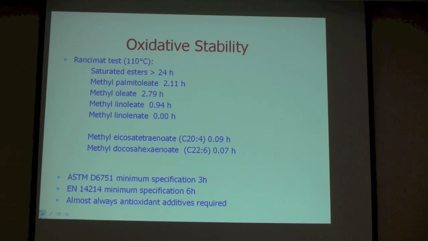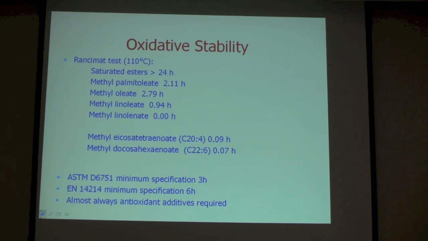And considering that even smaller amounts of highly polyunsaturated compounds, or even the monounsaturated, may have more influence on oxidative stability than their amounts indicate, you'll always need an antioxidant in your biodiesel to meet the specification, especially if you're storing it a long time.